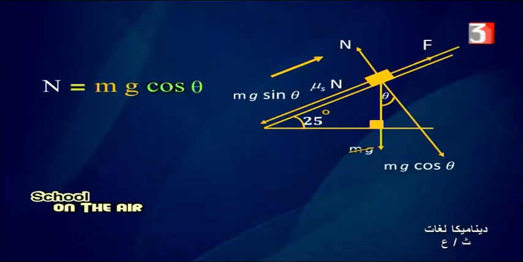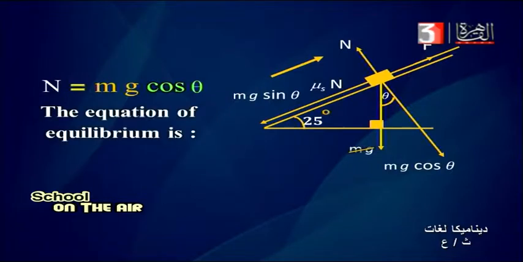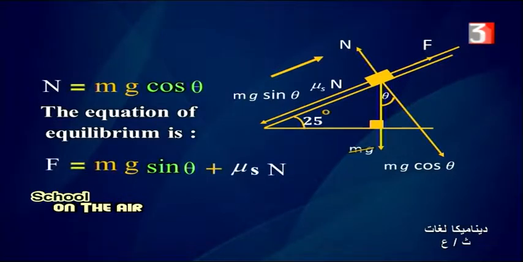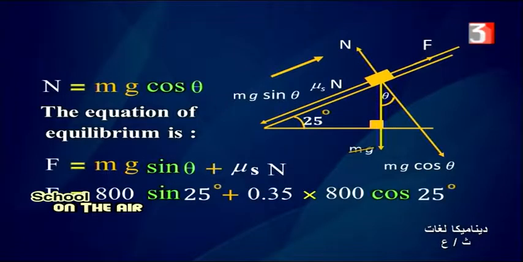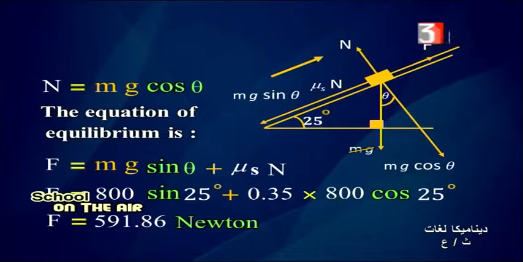We have N equals mg cosine theta, and the equation of equilibrium is F equals mg sine theta plus mu s N. Now F equals 800 sine 25 degrees plus 0.35 times 800 cosine 25, then the force equals 591.86 Newton. In this case, the force equals 591.86.